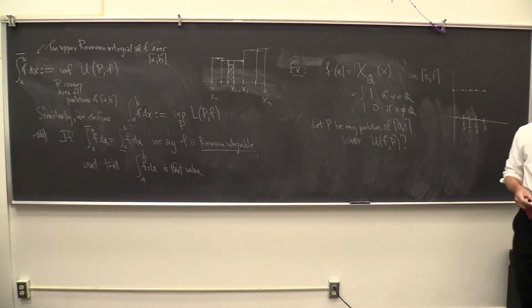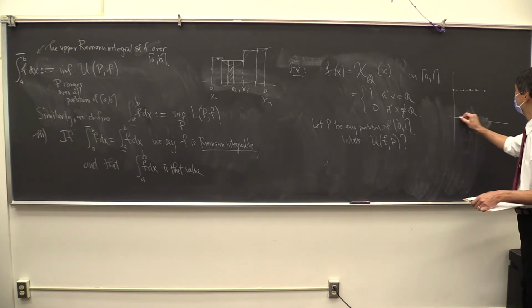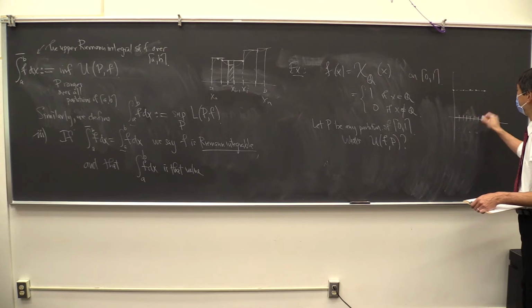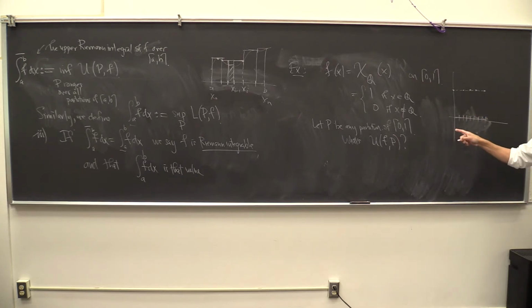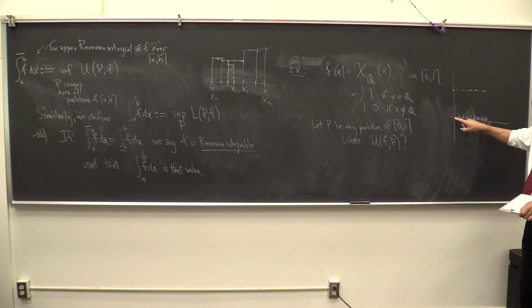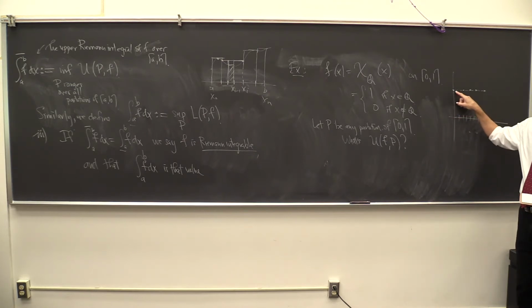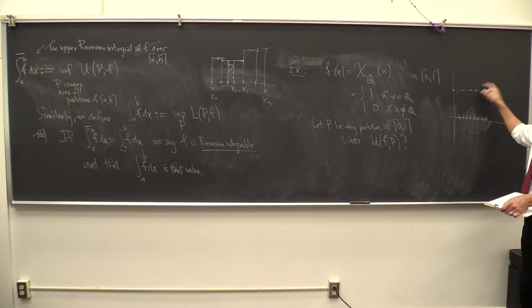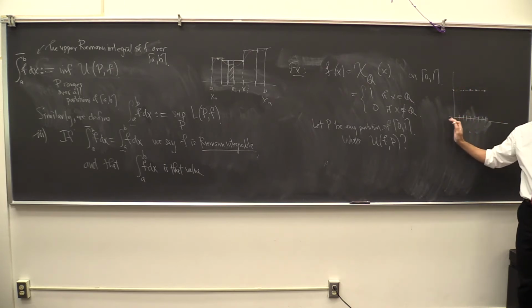Okay, would somebody like to tell me the answer? 1. 1, right? The answer is 1, because no matter what partition I take, the maximum value within each interval, capital M, is going to be 1, because there's always a rational number inside your interval.